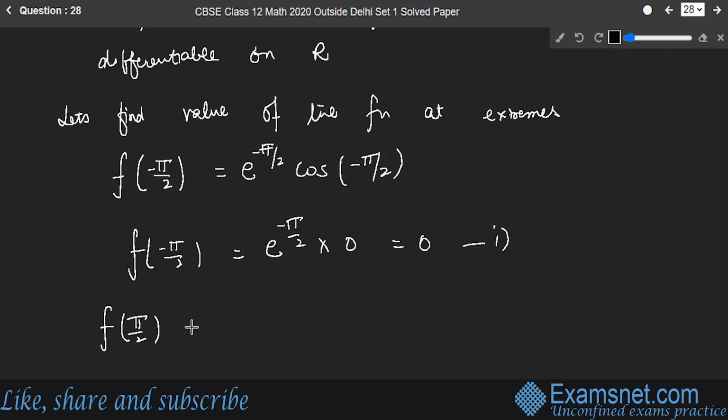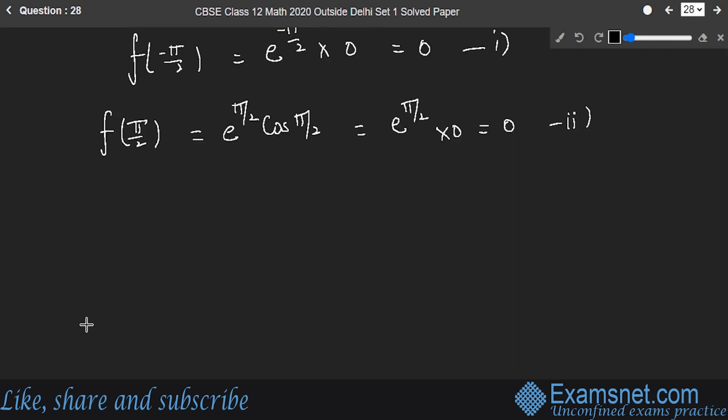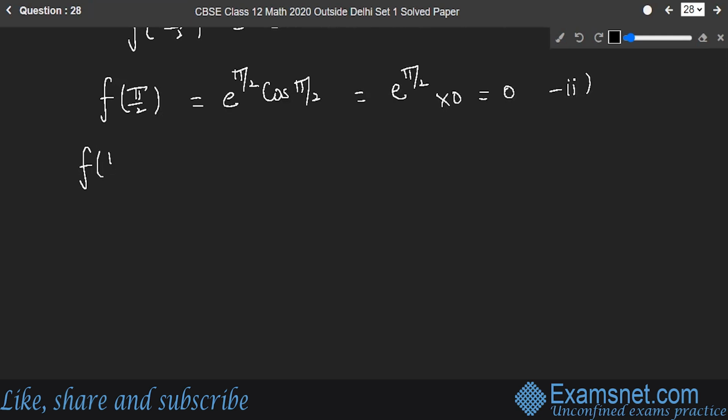F of pi by 2 is equal to e raised to power pi by 2 into cos of pi by 2, which is equal to e raised to power pi by 2 multiplied by 0, or this is also equal to 0. Let's say this is 2. Okay, so we have f of pi by 2 is equal to f of minus pi by 2.